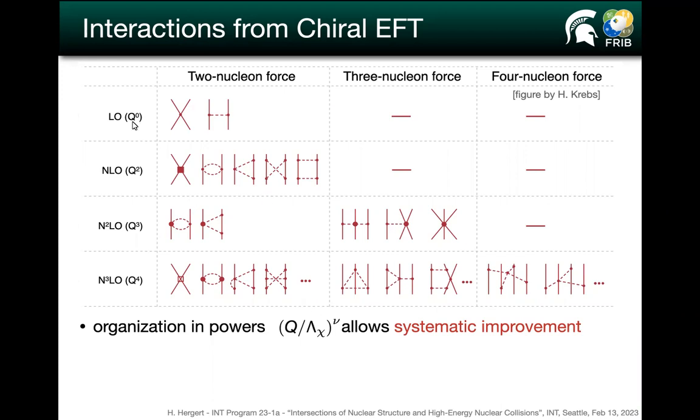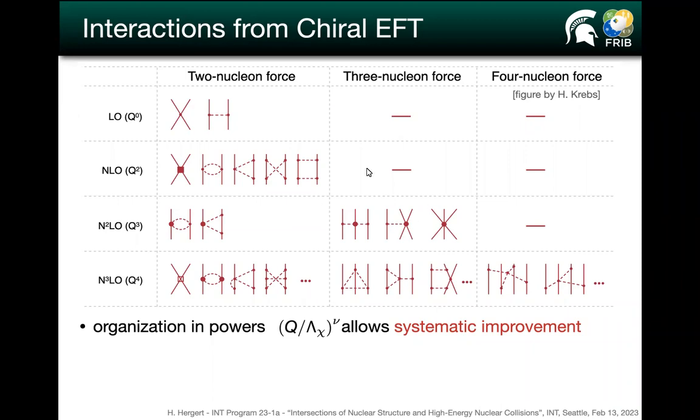But then we have these powers of this ratio of momenta over the breakdown scale as an organizational scheme. So we can have a leading order, next to leading order, next to next to leading order, and so on. And some people nowadays even have N4LO interactions.